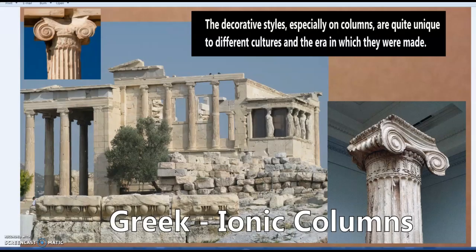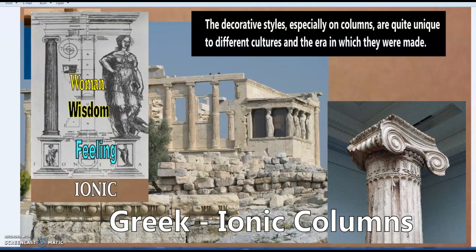So that's the Doric order. The second of the Greek orders is the Ionic column, where we see these swirls here. This is the Erechtheion on the Acropolis, right next to the Parthenon. But we see again the Ionic order of architecture.